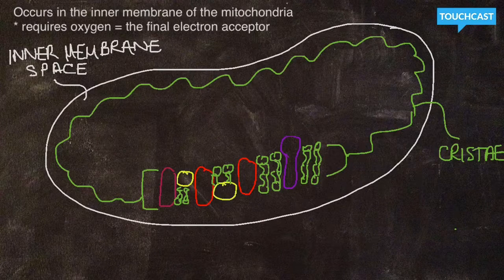Now we're going to start representing the movement of the electrons. Remember, we have these electron carriers that are produced during glycolysis, during the prep step, as well as during the citric acid cycle. And if you think back to your yields, we make 10 total molecules of NADH.